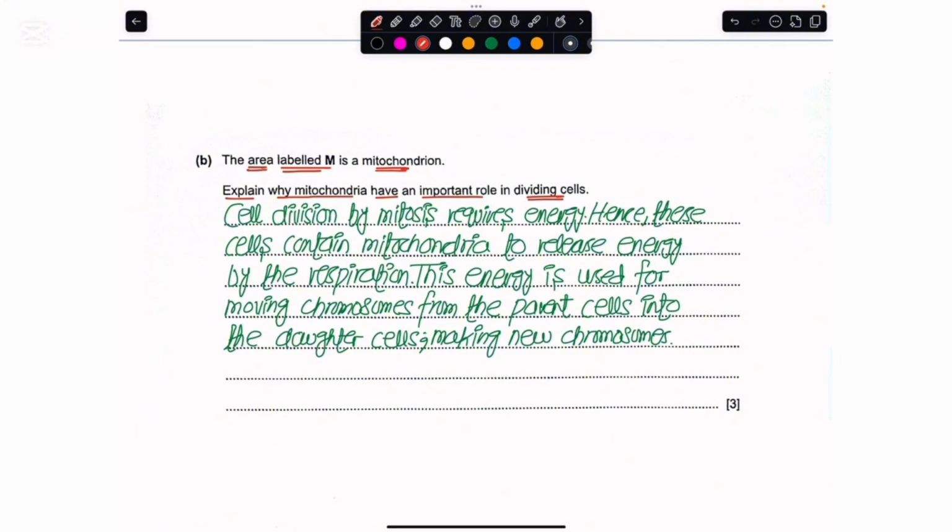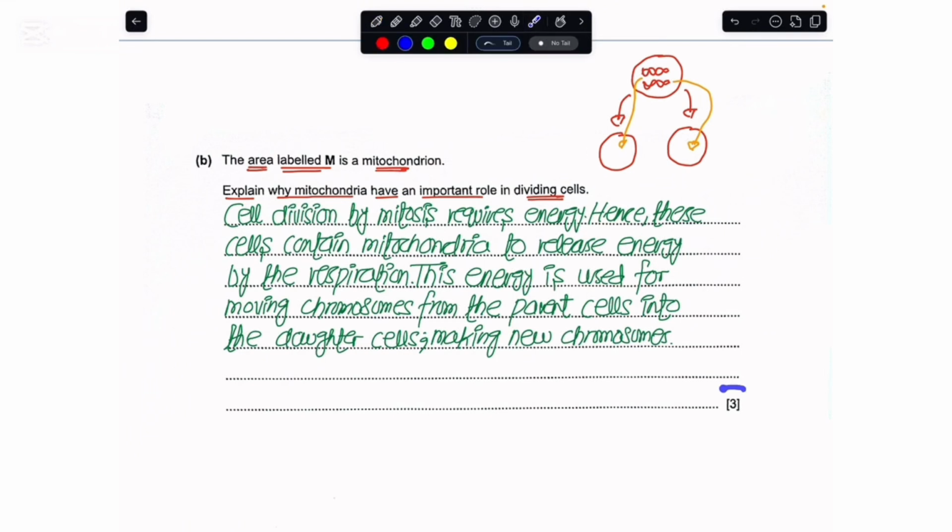As I have mentioned earlier, if I have this parent cell and further have the formation of two daughter cells, then this parent cell needs the energy from the mitochondria to duplicate the DNA or the chromosomes. And for sure, I have to move these chromosomes equally into the newly formed daughter cells. That again would require an energy process.